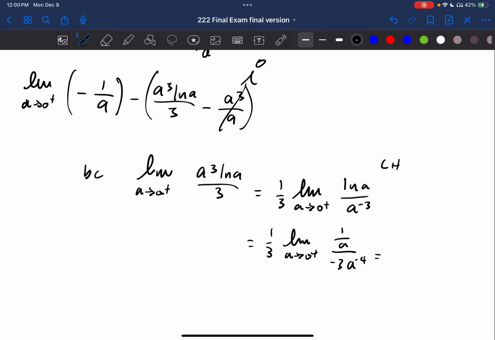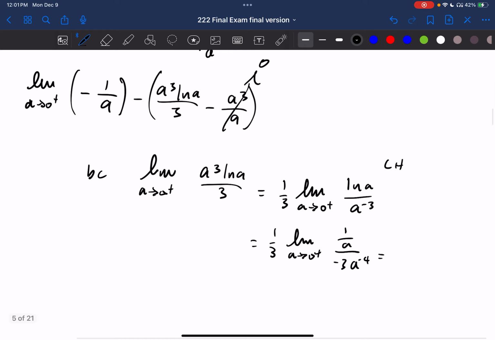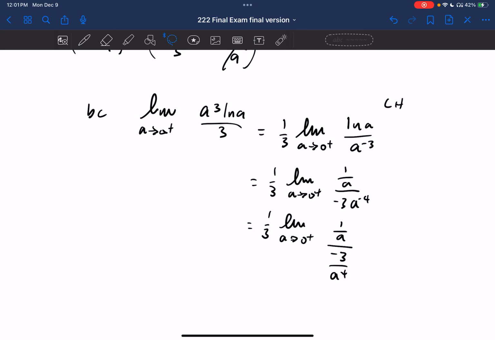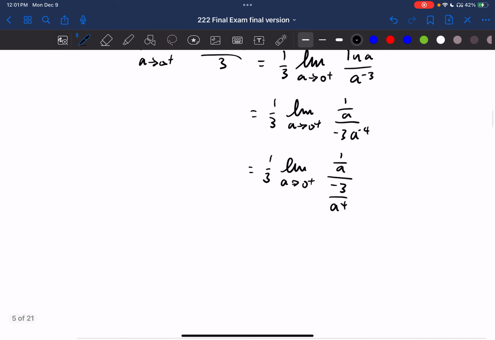We can rewrite this as 1/3 times the limit as a goes to 0 from the right of 1 over a divided by negative 3 divided by a to the 4th power. You can see this is equal to 1/3 times the limit as a goes to 0 from the right.